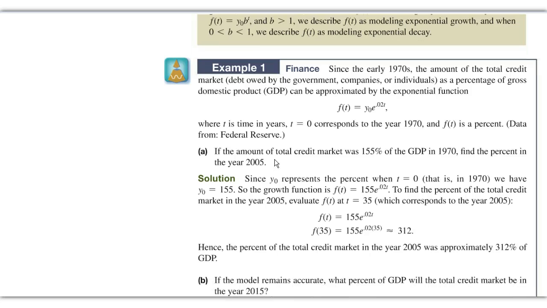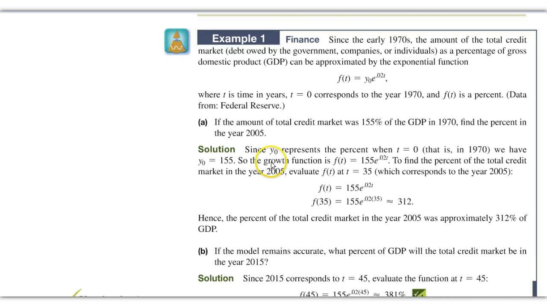Often it's just substituting into our formula the value we get from our example. So understanding what is here, let's look at this carefully. Since 1970, the amount of total credit market, that is the debt owed by the government, companies, and individuals, as a percentage of gross domestic product.